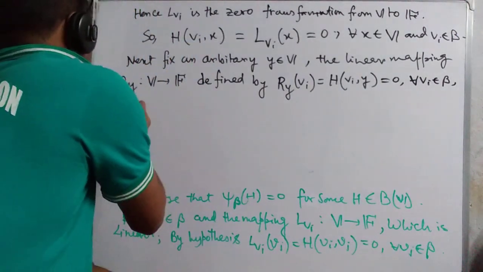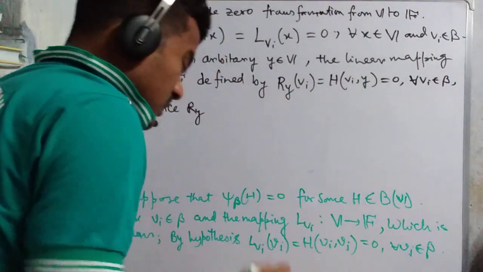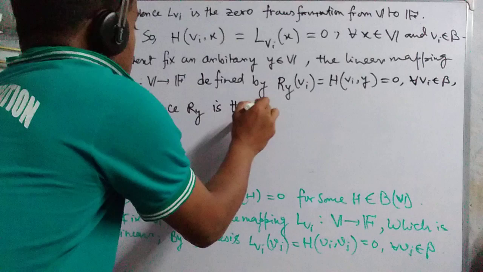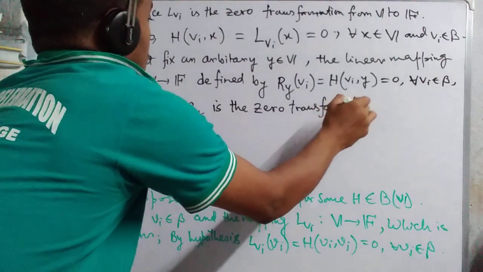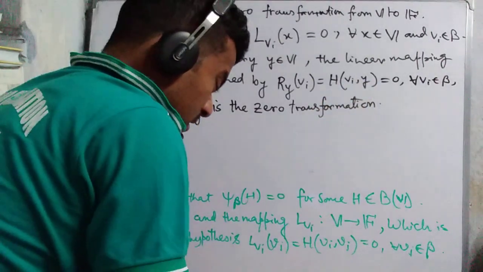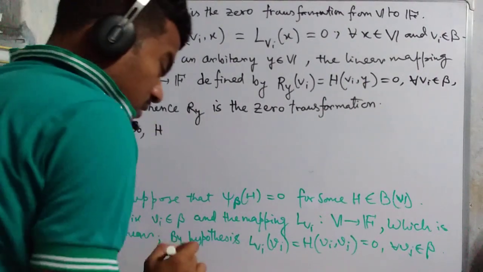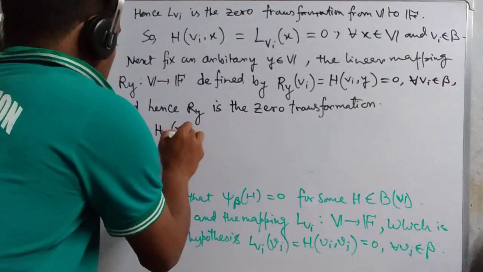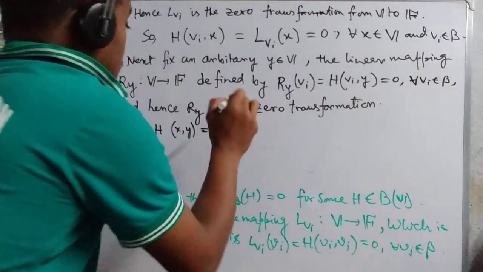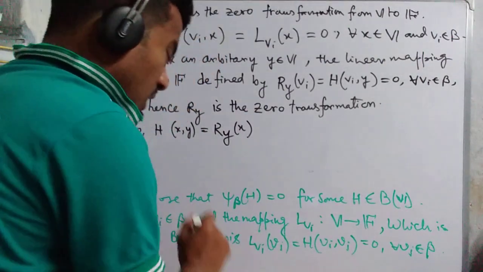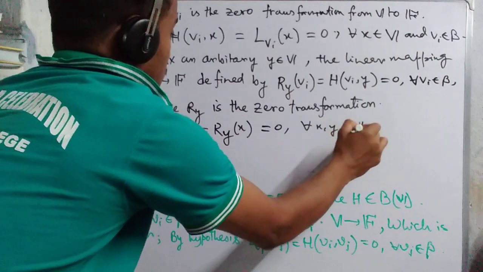Hence R y is the zero transformation. So h of x, y equals R y of x, understood? This equals 0 for all x, y belonging to V.